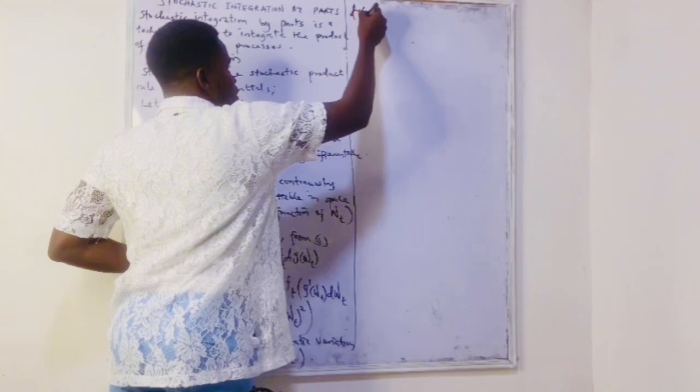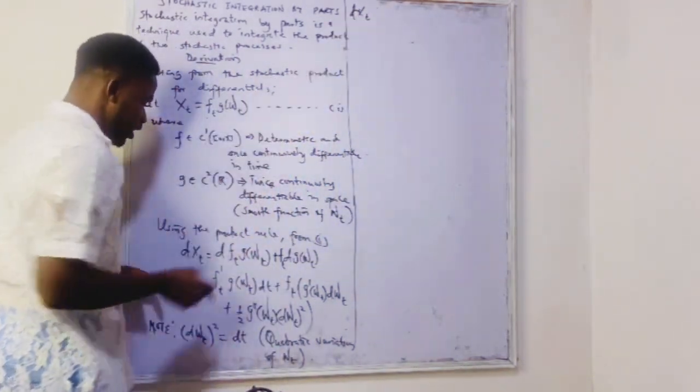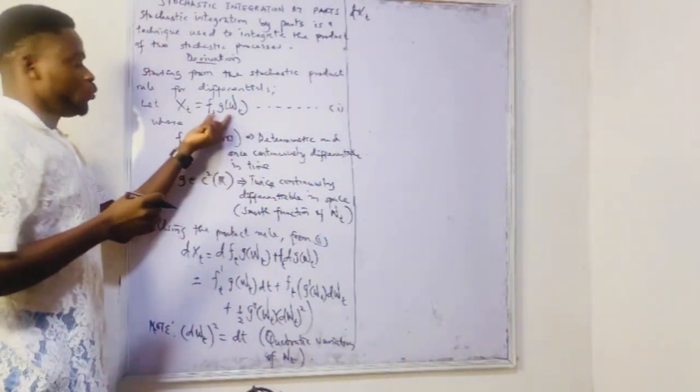Instead of writing dS sub t, I want to replace it with our product.